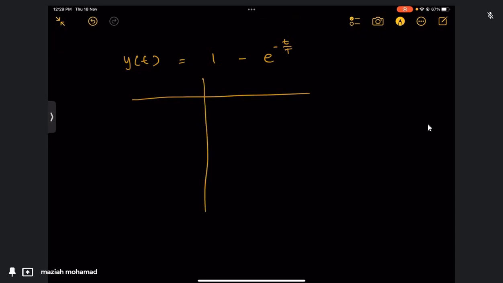The equation is y(t) equal to 1 minus exponent negative t over T. In order to plot the behavior, this is y(t) and this is t.